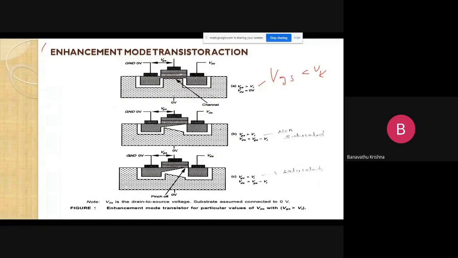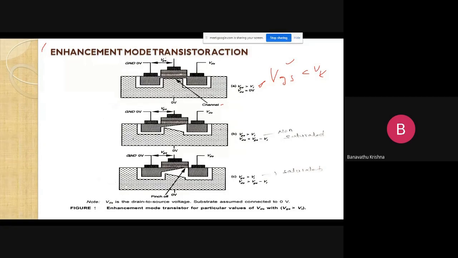But here one condition is given, that VGS is greater than VT, which means the channel is already established between source and drain due to this condition. Like this, this is the channel, right?